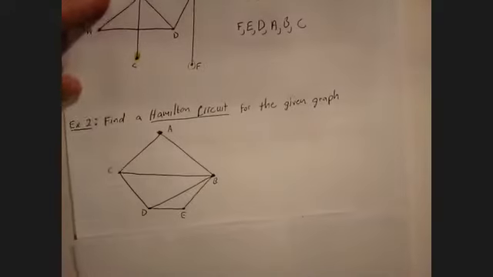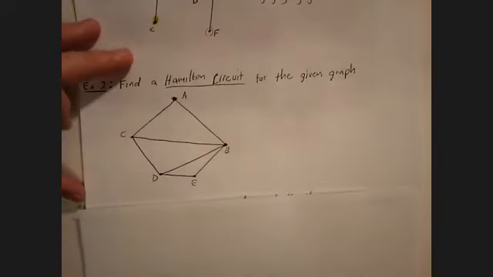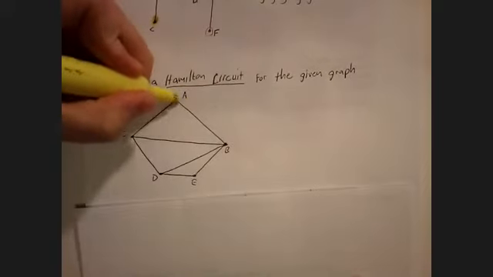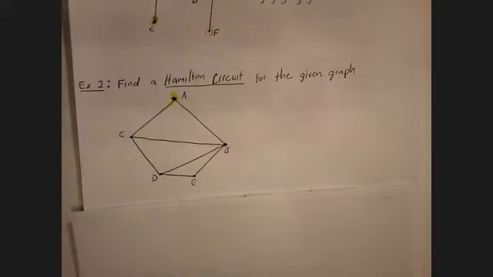Now we can look at a Hamilton circuit. We got this graph now. I am going to start with A. In the homework, they're going to tell you generally what to start with, or you can deduce it from the multiple choice options.